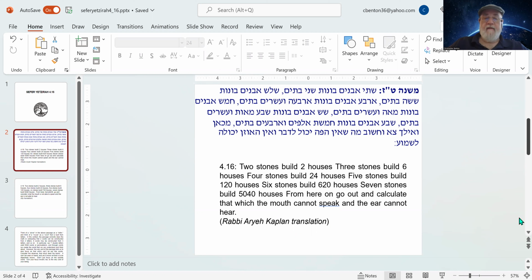And he translates this as 2 stones build 2 houses, 3 stones build 6 houses, 4 stones build 24 houses, 5 stones build 120 houses, 6 stones build 620 houses, 7 stones build 5,040 houses. From here on, go out and calculate that which the mouth cannot speak and the ear cannot hear.